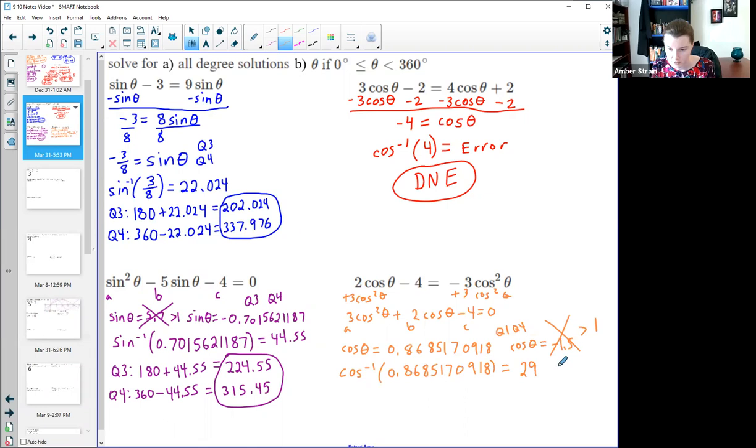To get the equivalent quadrant 4 answer, just like we did right here, we would go 360 minus that. It's one of our two answers because this time we did want quadrant 1. And the second answer in quadrant 4 was 330.29.